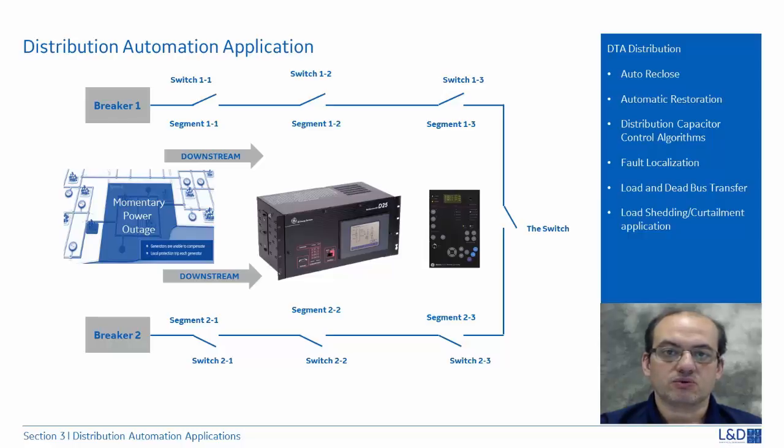bays like the D25 bays, or intelligent electronic devices like the D400 or the D20, and applications, DTAs like a distribution capacitor control algorithm or fault localization, load and dead bus transfer, load shedding curtailment applications are all examples of DTAs that have been developed and are available, so you don't have to build the logic in your logic links, as we said, or your ladder logic in order to carry out this very complex logic.